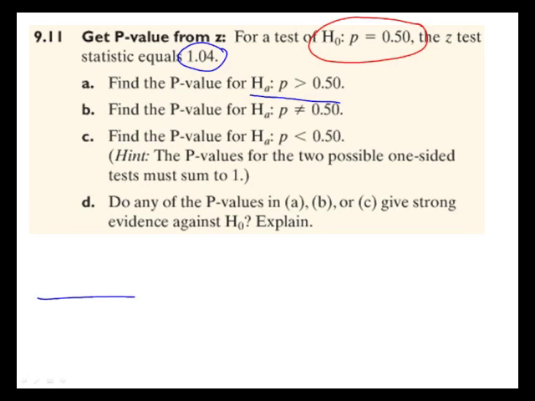Okay, so because this is the z score, the center is 0, and our test statistic is 1.04. If our alternative hypothesis is p greater than 0.50, where are we gonna shade?